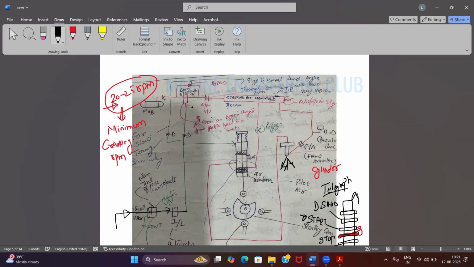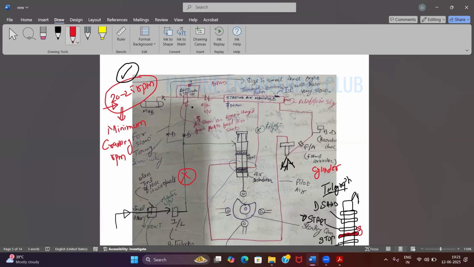Now what I say is cranking RPM. Once the cranking RPM has been achieved, you will shift the telegraph from start to dead slow ahead. As soon as dead slow ahead is given, this control air which is coming over here will be cut off.